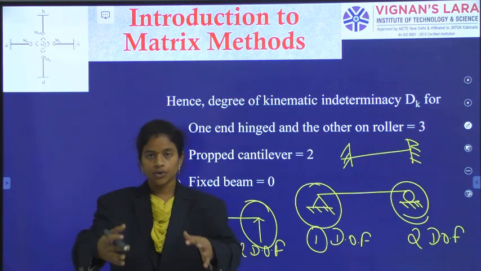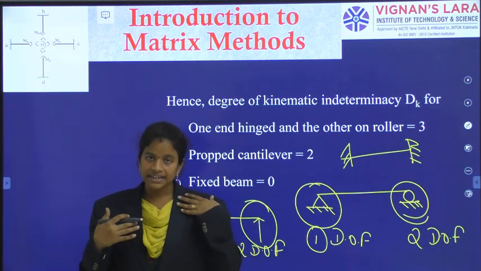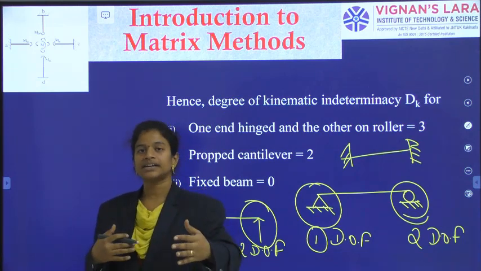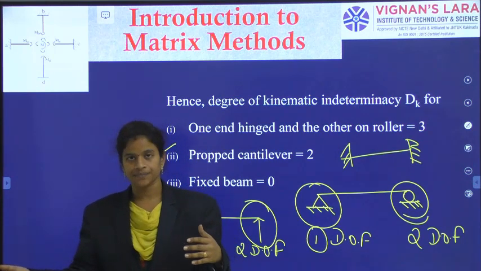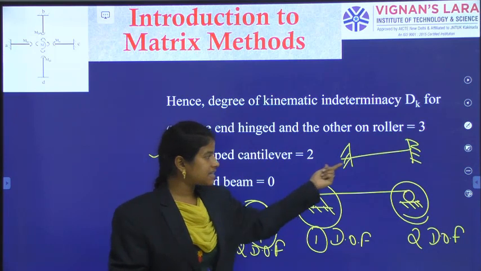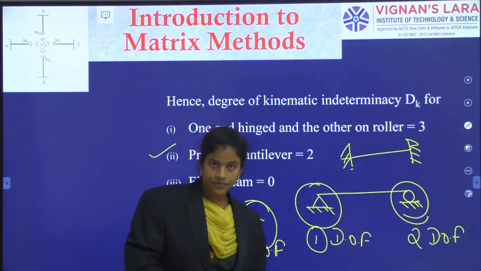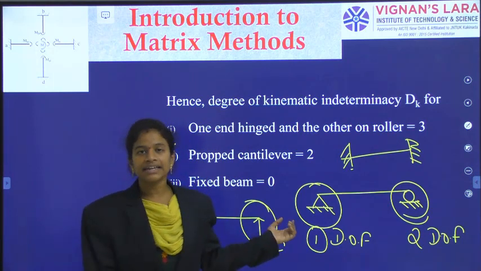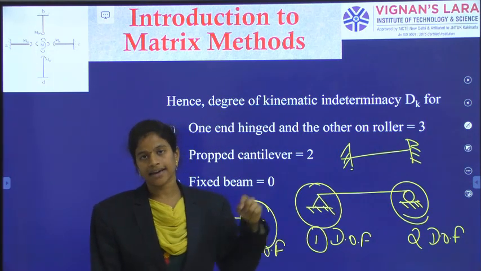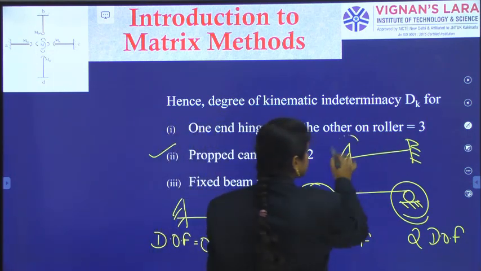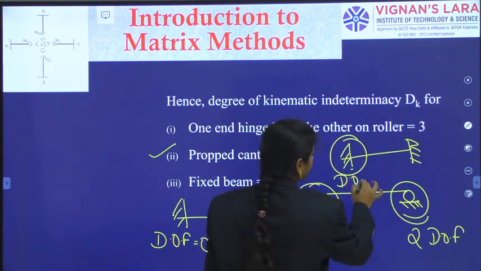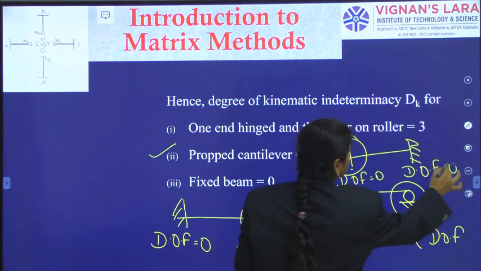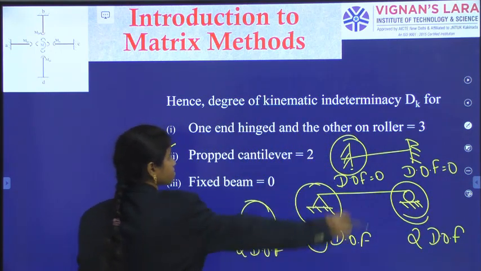It can go in horizontal displacement, so for calculating the horizontal displacement I need an equation. As it is having more degrees of freedom, I need more equations for calculating the particular displacement in the direction. Okay, so here the degree of freedom is equal to 0, and for this the degree of freedom is equal to 0.